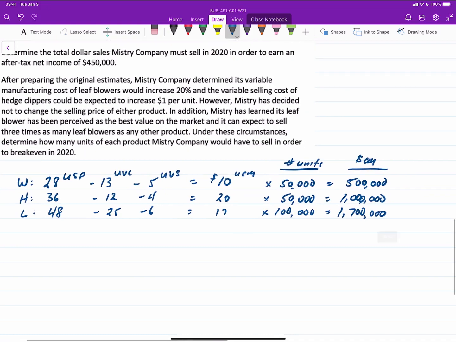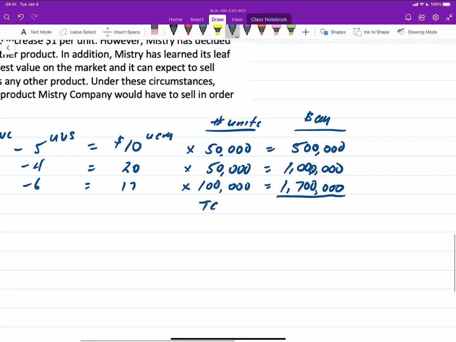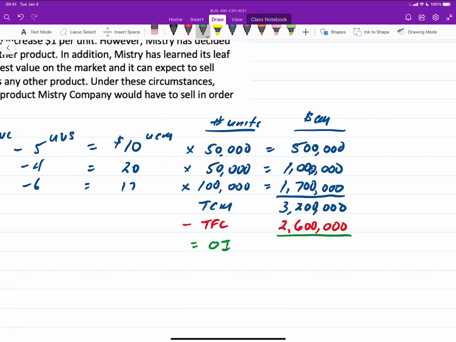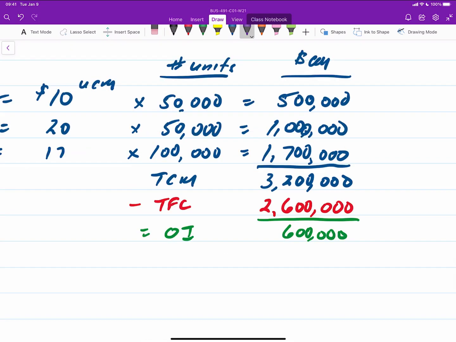So that gives us our total contribution margin of all the products combined of $3,200,000. Then we subtract our total fixed costs, which we calculated above to be $2,600,000, and that will give us operating income of $600,000.